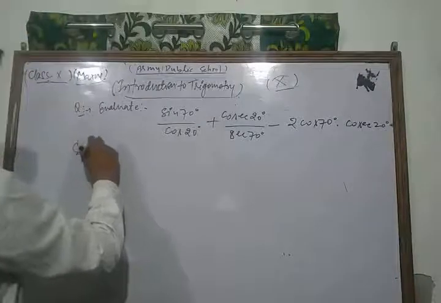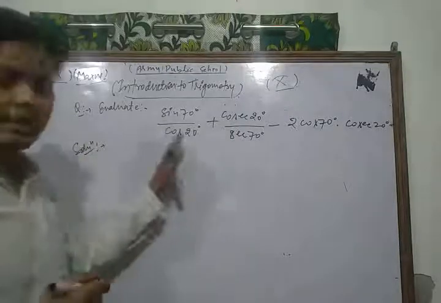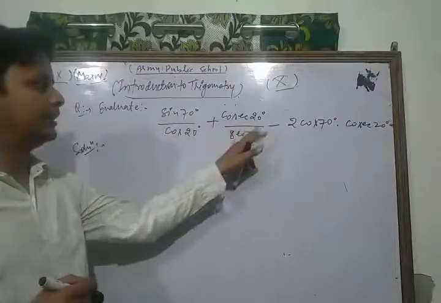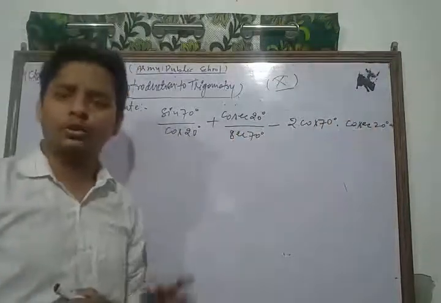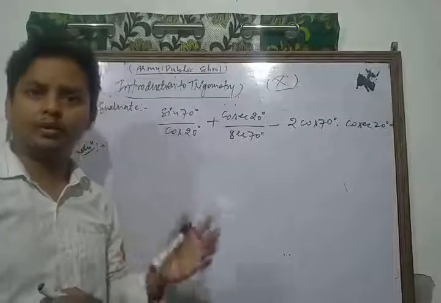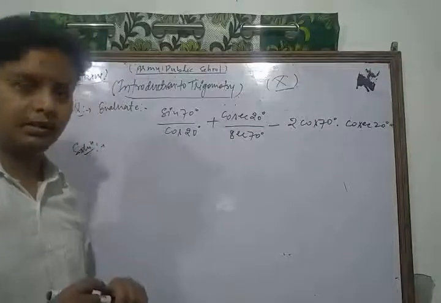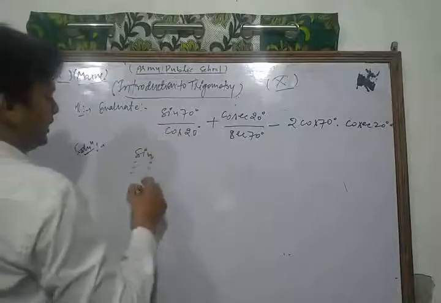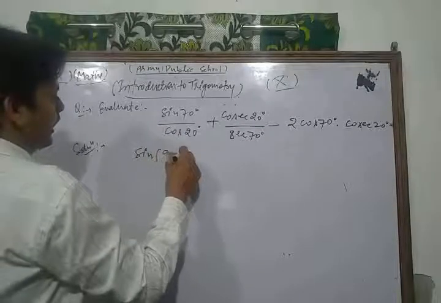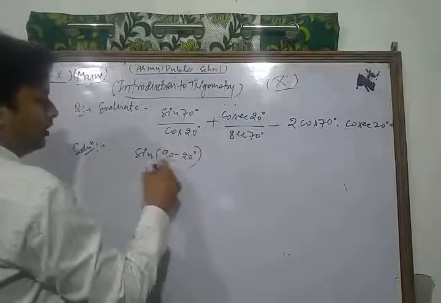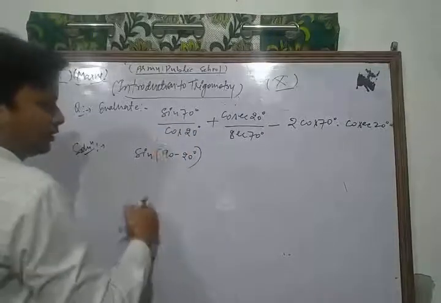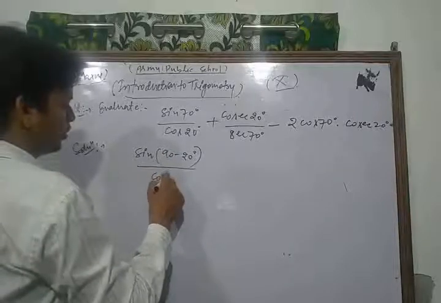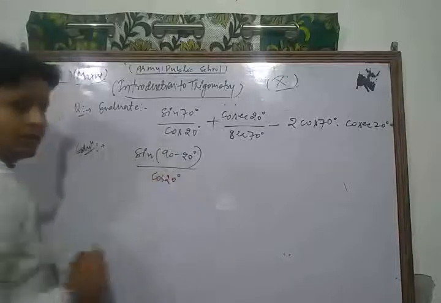So here, let's see. If we observe each part of that question, we observe that both these angles, and these two angles also, are complementary angles. So here we apply the concept of complementary angles of trigonometry ratio. So we can write sin 70 degree as what? Sin 90 minus 20. If we subtract 20 from 90, we get sin 70. And here we write cos 20 degree as it is.